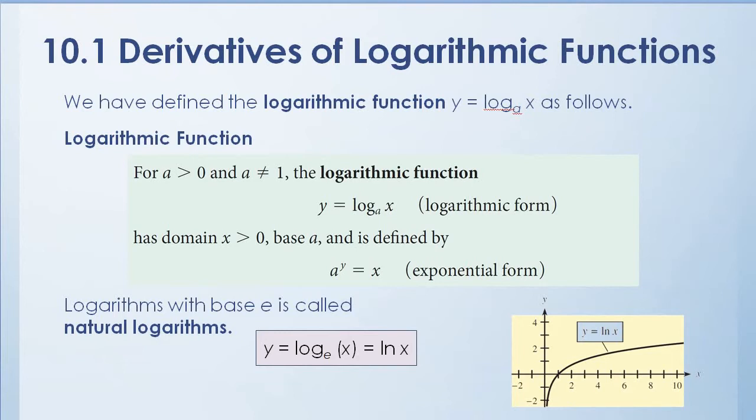You can try pressing log negative 3 in your calculator, then you will get a math error. That's why x should be greater than 0. And this is the graph for y equal to ln x. The graph moves from left up to the right, keeps on increasing until infinity.